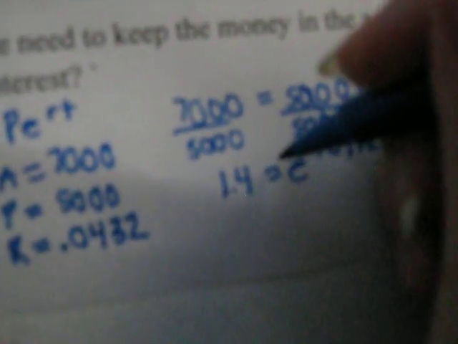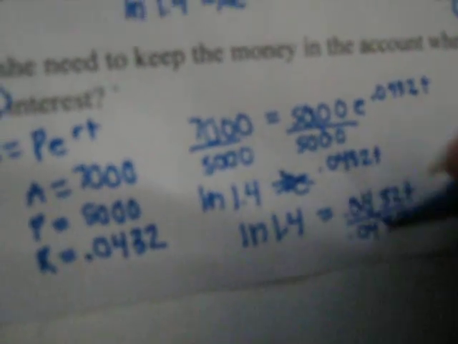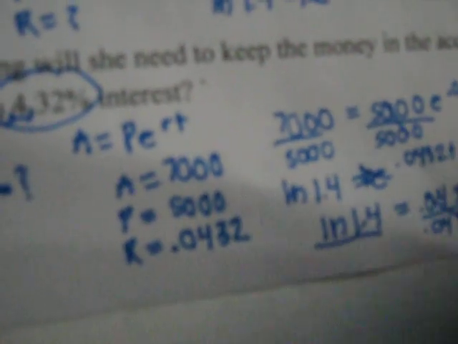Once again, I want to get rid of the e, so we do natural log. This turns into 1, so that should leave me with natural log 1.4 equals 0.0432t, and we divide by 0.0432.